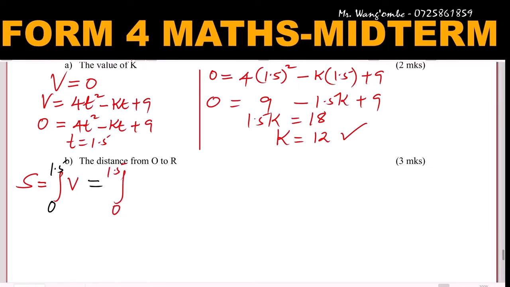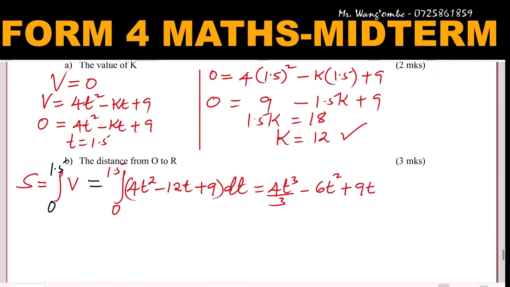The expression for velocity is 4t² − 12t + 9, integrating with respect to t. When we integrate 4t², we shall get 4t³/3, minus 6t², plus 9t, plus the constant of integration, from 0 to 1.5.